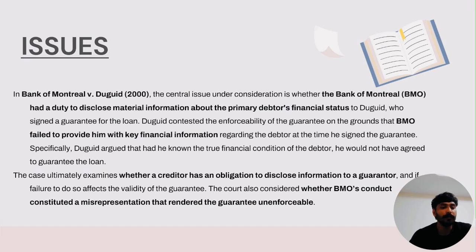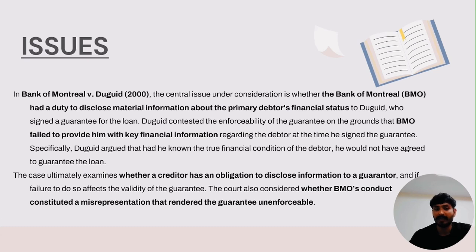So, in Bank of Montreal versus Dugit 2000, the main issue was whether the Bank of Montreal had a responsibility to share important financial information about the primary borrower with Dugit, who had agreed to guarantee the loan.